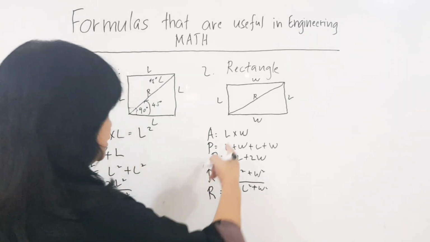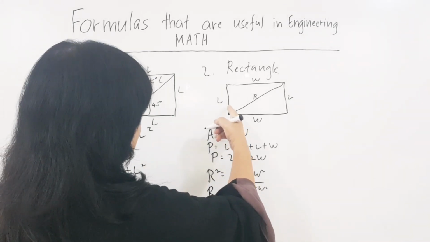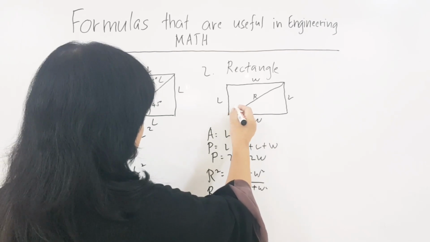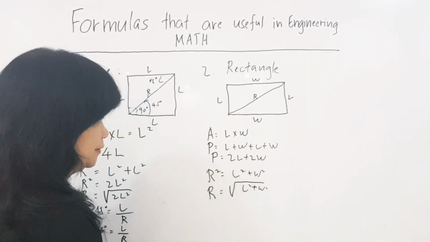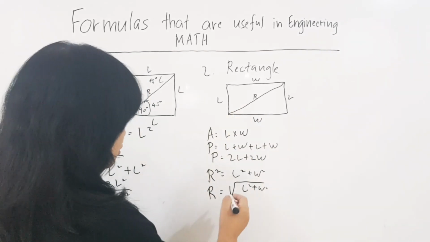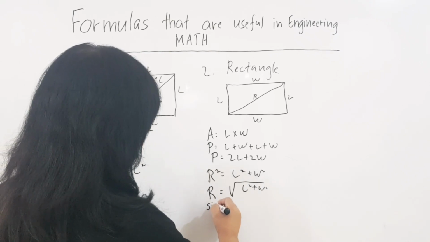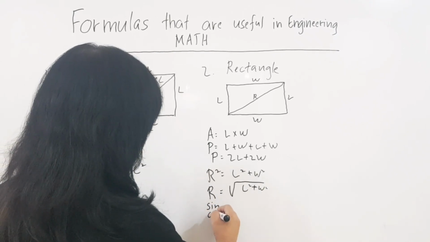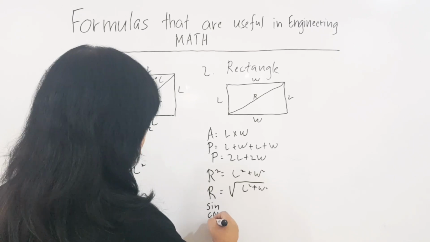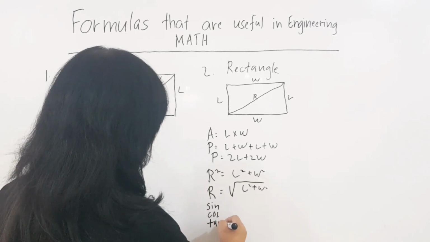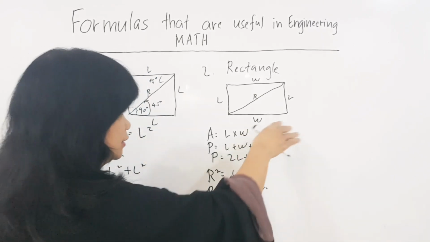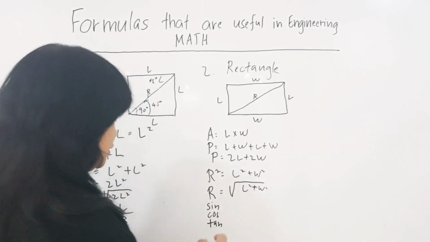Or you can use this angle, because this is 90 degrees. So, sine, cosine, or tangent can be used, as long as two sides are given.